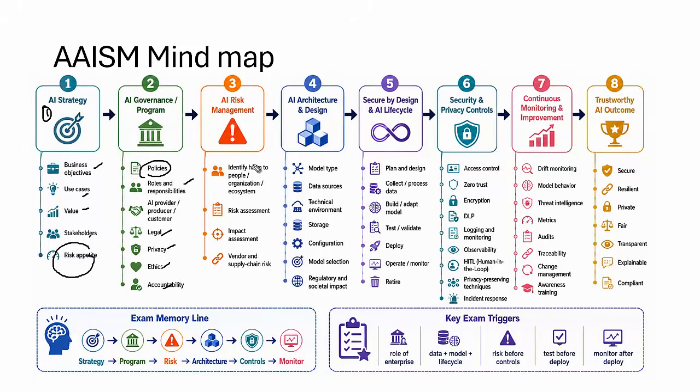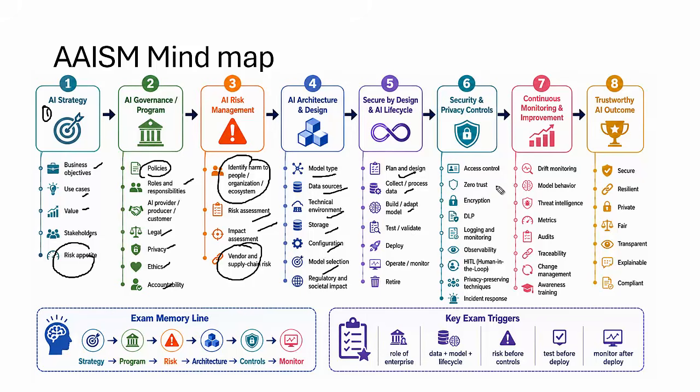Fine. It's not possible for me to build everything, so I need risk management. I will identify the risk, doing a risk assessment and impact assessment. If I'm using a third-party AI tool, a vendor risk assessment has to be done. Now it's time for operations. Here we selected a model type, data source, technical environment, storage, configuration, model selections, and everything. Based on that, I bring everything together to build the AI system where I plan, collect, build, test, and validate what we discussed.